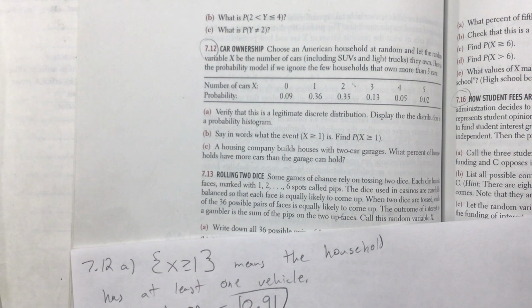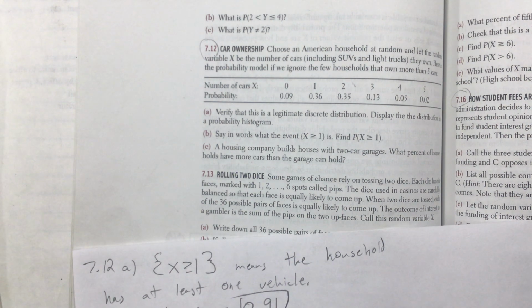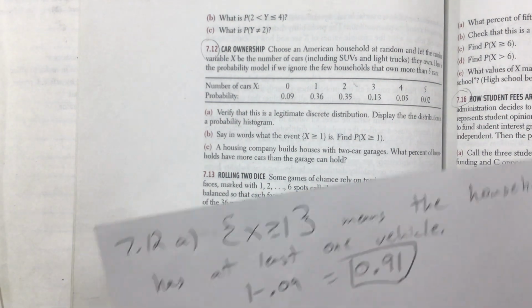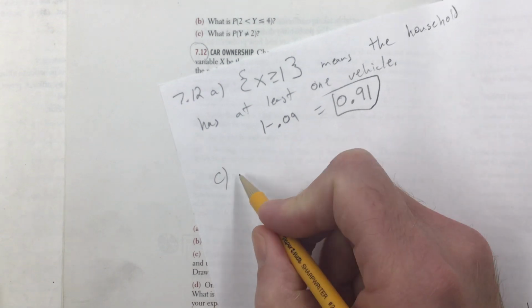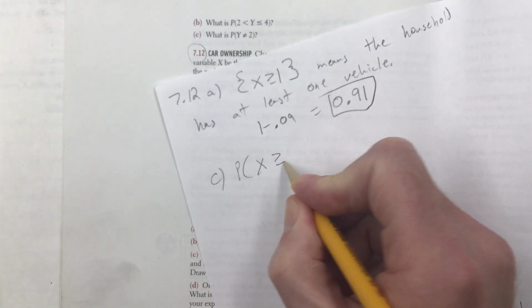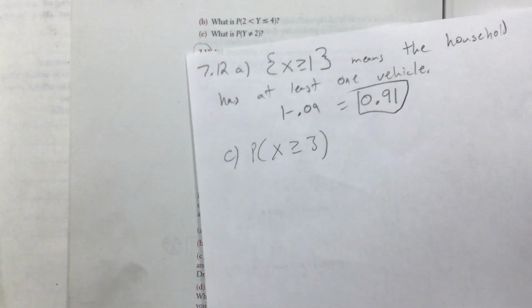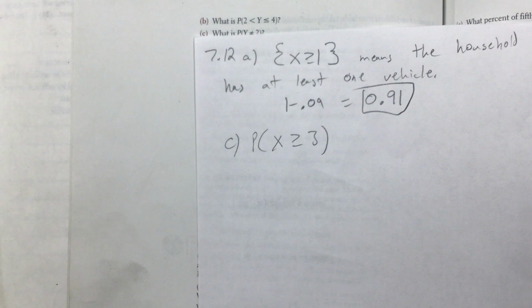Okay, part C. A housing company builds houses with 2-car garages. That's quite common. What percent of households have more cars than the garage can hold? Okay, so we were trying to find the probability that our households have 3 or more cars, right?